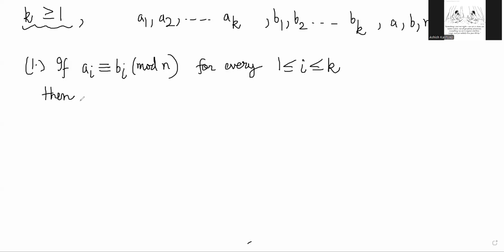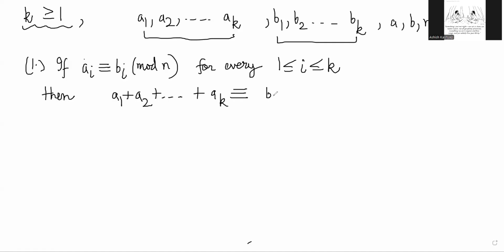Basically, earlier we said that a plus b was congruent to c plus d, right? Now we are saying that all of the AIs are congruent to all of the BIs, mod n, right? So we'll be able to now say that the sum of all of them is also congruent to the sum of the B's, mod n.